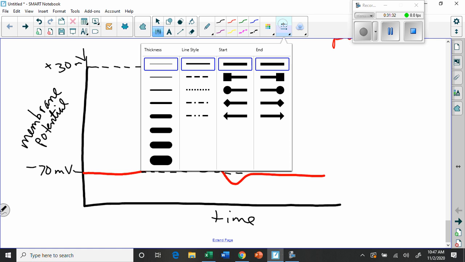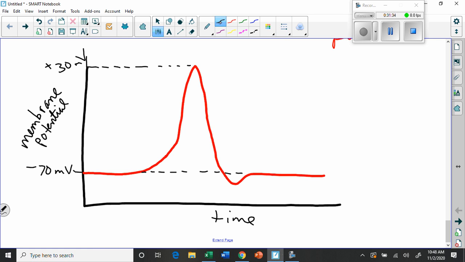So this rapid part, this high hump on the graph, right there, is the action potential. And that represents that extreme depolarization that slides down.